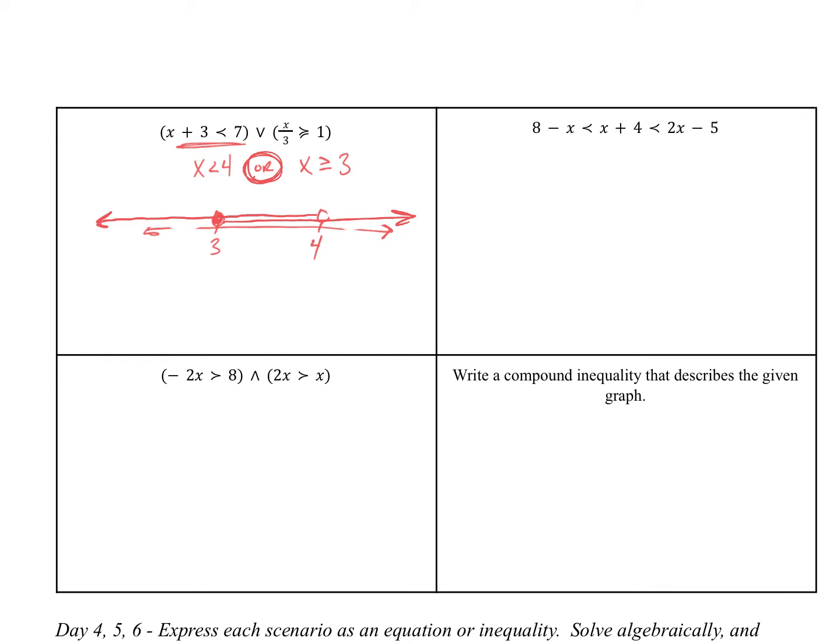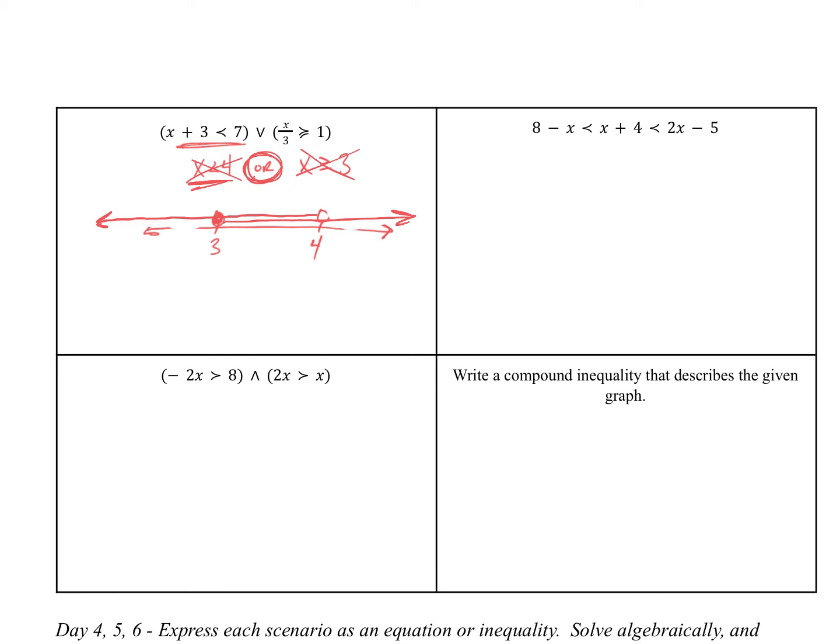So if we think about numbers that satisfy this inequality, and I pick the number 5, for example, well, 5 is not less than 4, but it is greater than or equal to 3, so I can use 5 as a value in my solution here because of the word or. Same with a number like 0. 0 is not greater than or equal to 3, but it is less than 4, so I would be able to use 0.